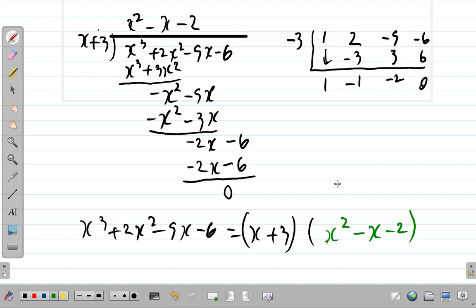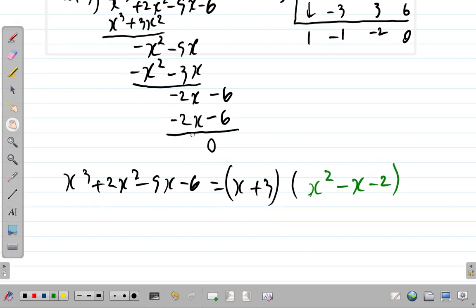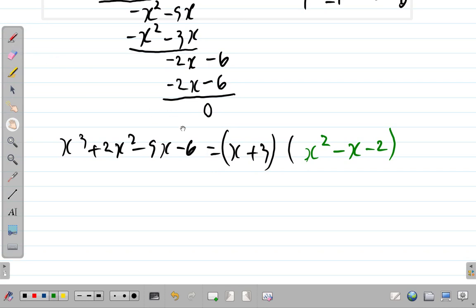That's partially factorized. To completely factorize everything, you're going to need to factorize this. It's a quadratic expression here, so you can use the AC method. If you don't remember the AC method, you are going to have to look back at factorizing quadratic expressions.